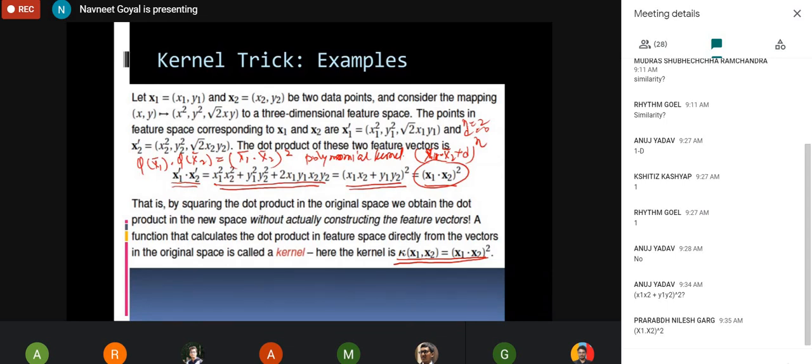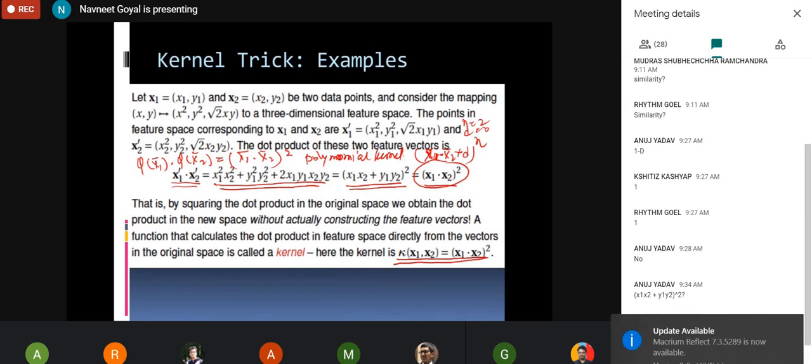So you have to do it a lot of times, and if you do it in a high dimensional space, then you are increasing your computations. So to reduce the computations, we use these kernels. This is a particular example of a polynomial kernel. There are many other kinds of kernels, as you will learn as we go along.